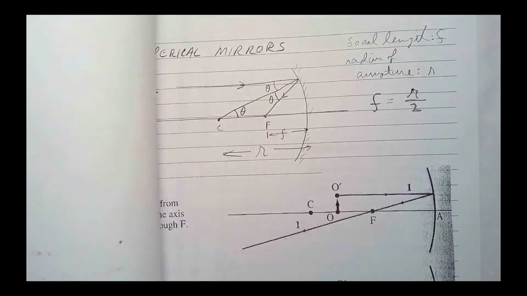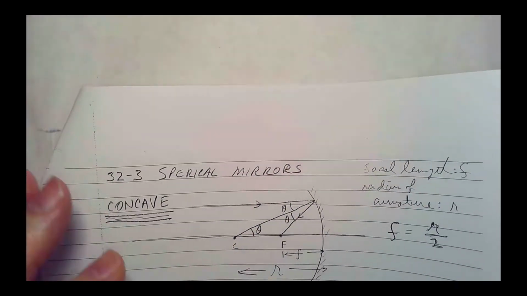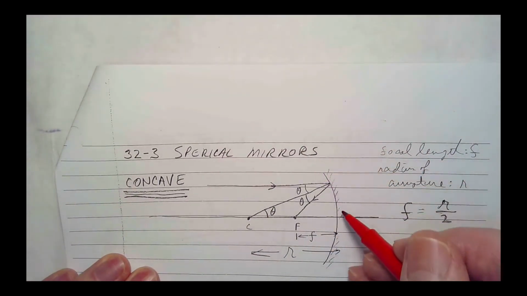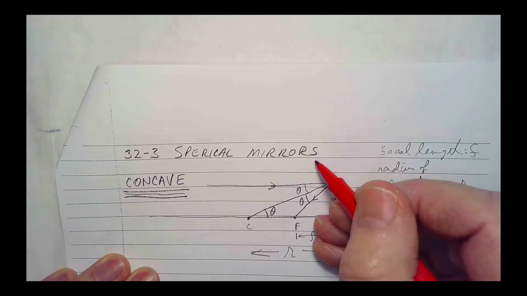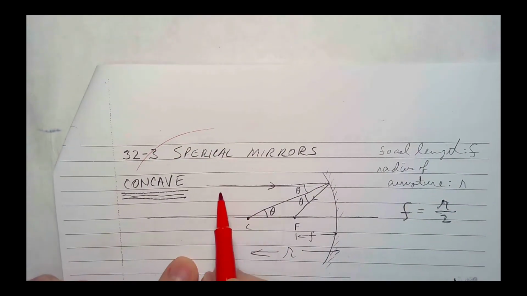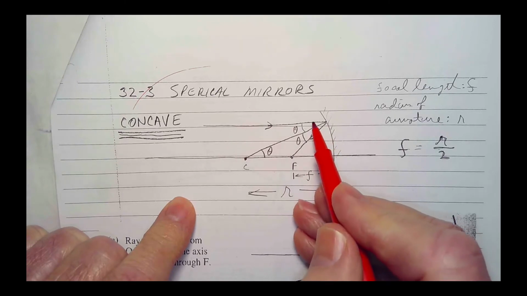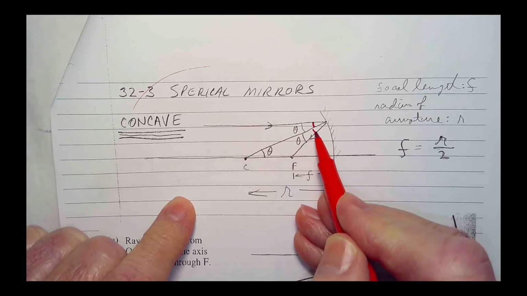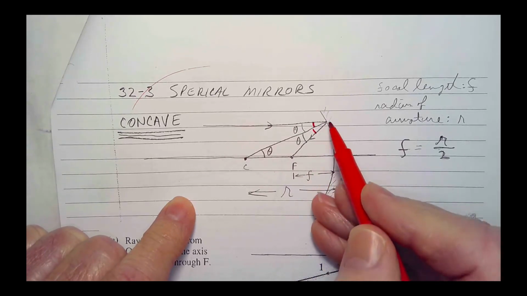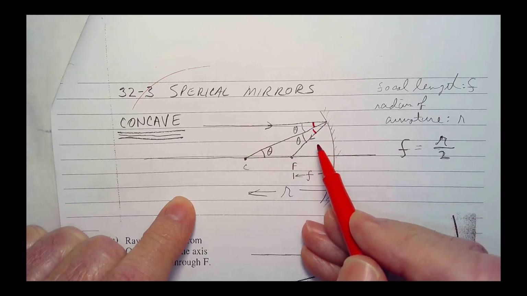So here's that again. If I take a spherical mirror, a mirror that forms part of a perfect circle, and this is the radius of curvature, then a ray that comes in parallel to the axis of the mirror obeys the laws of incidence and reflection for a locally plane surface: the angle of incidence is equal to the angle of reflection.